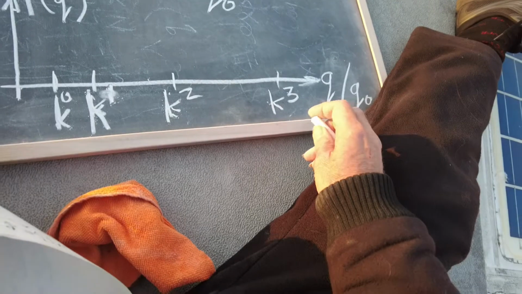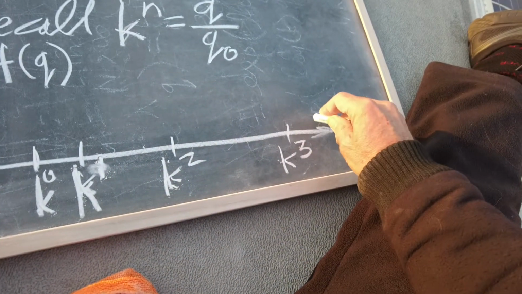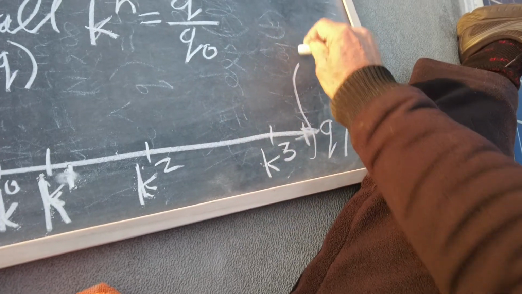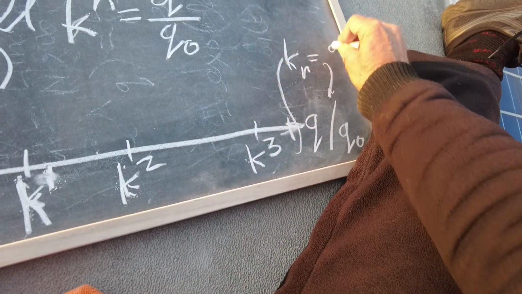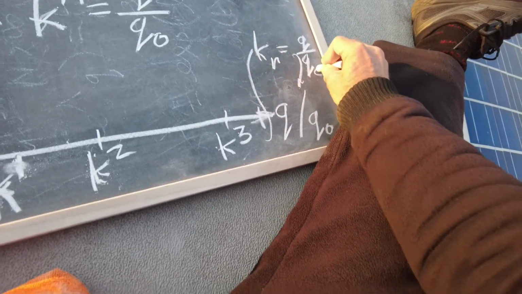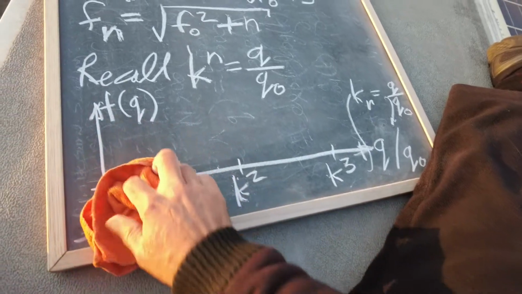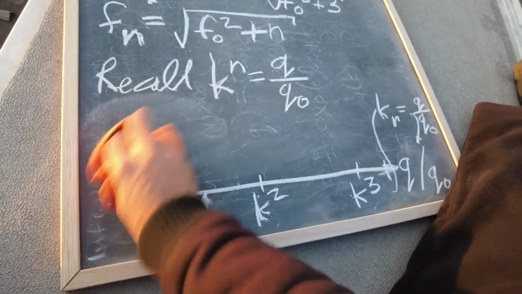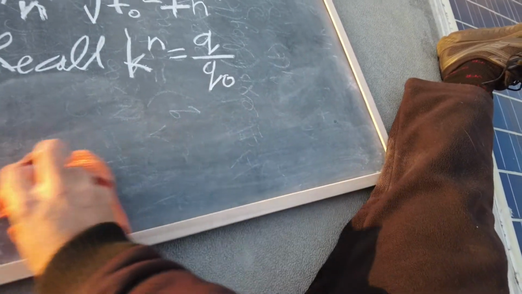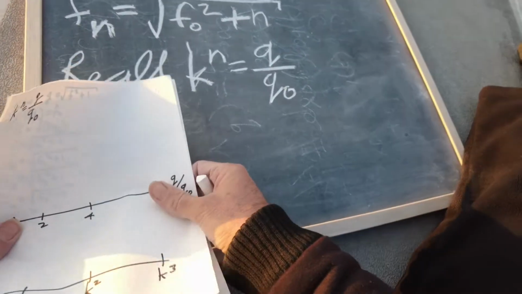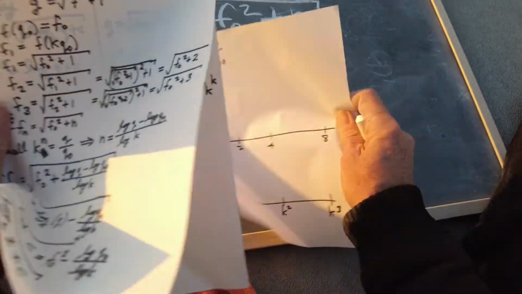And so what you can see here is that k to the n, the general term along this axis, is just q over q0. And that is the key to unlocking comparametric equations. That's the magic index key that opens up the comparametric equation to a solution.